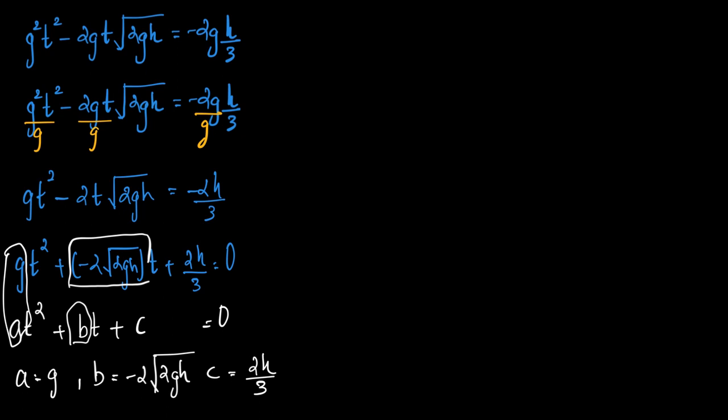Now that we have the quadratic equation in terms of t, what can we write? We can write that solution t is equal to minus b plus or minus root of b square minus 4ac the whole upon 2a.